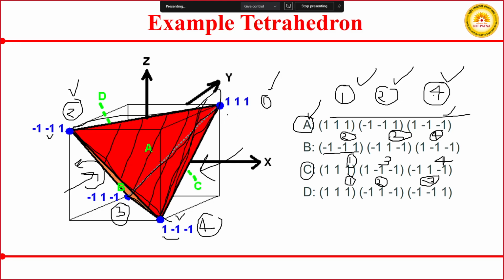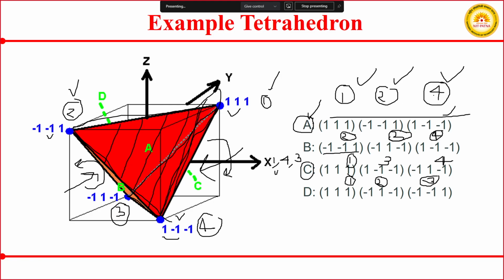Since we are seeing from behind, we take the counterclockwise direction accordingly. So the sequence of vertices will be 1, 4 and 3. Try to see how these vertices are listed. So for C, it should be 1, 4 and 3.